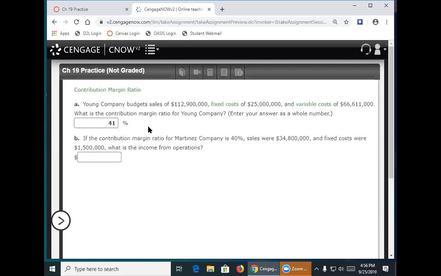So the other 40%, what's remaining, the 13,920,000, is what we have after all of our variable costs. Then we just subtract out our fixed costs. So in this case, we have income from operations of 12,420,000.